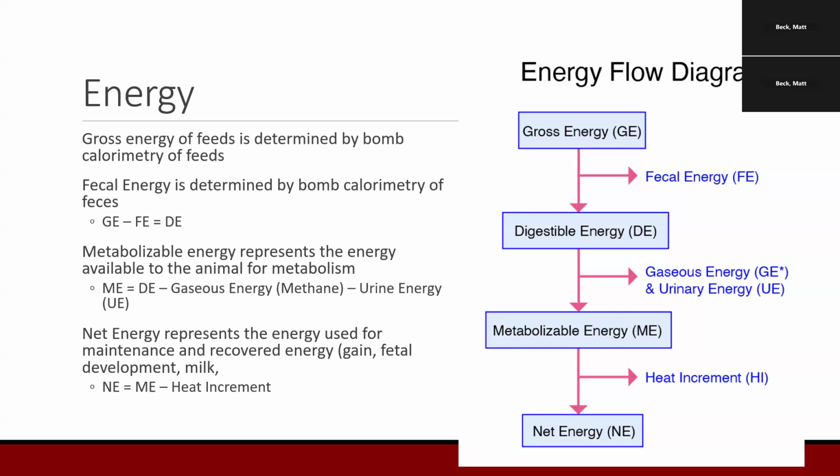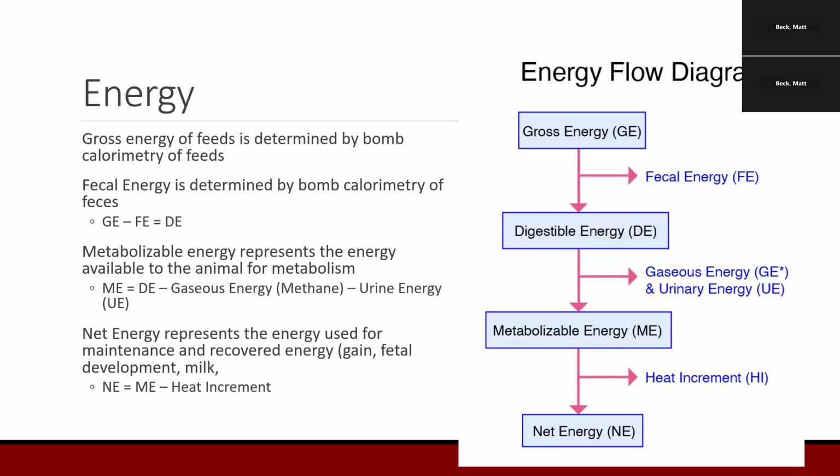Some of that digestible energy will not actually be metabolized in the animal, so it's going to be excreted as urine energy. Most of that urine energy is nitrogen excretion, since the animal uses some energy to convert excess nitrogen into urea.